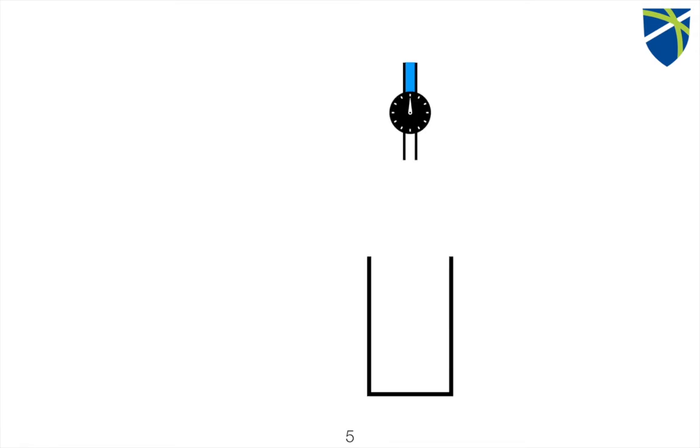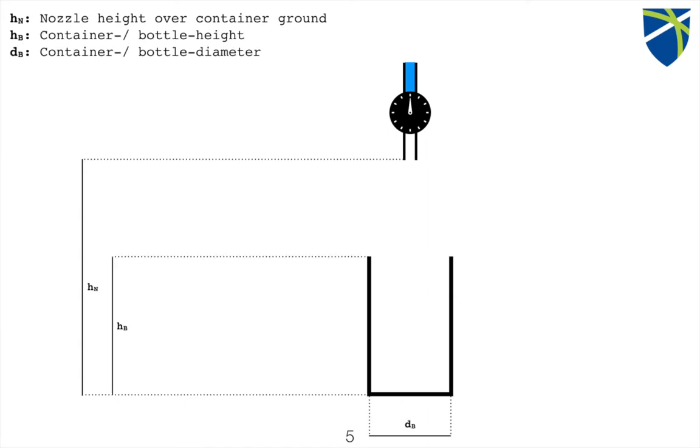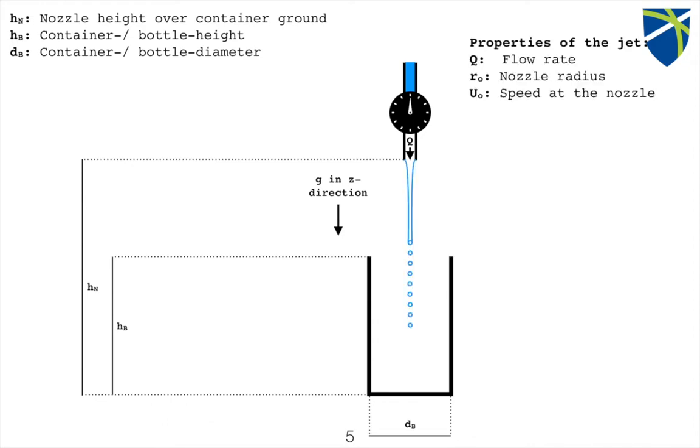So let's first talk about some dimensions or properties of our setup. We have a container and a nozzle, which have a distance from each other, which I'll refer to as h index n. The container or the bottle has certain dimensions, a height and a diameter, and due to a constant volumetric flow rate and the gravitational acceleration downward, in z direction, we have a jet with certain properties such as the nozzle radius, the speed at the nozzle, and of course the flow rate.